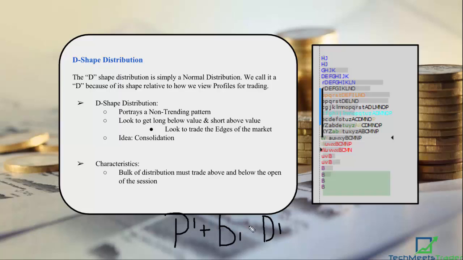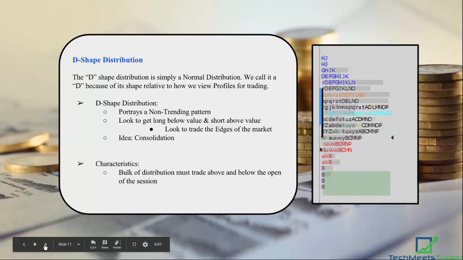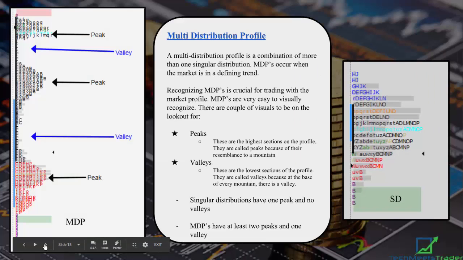A combination of all three of these profiles inside of one will breed more than one distribution, and these are called multi-distribution profiles, or MDPs. A multi-distribution profile is a combination of more than one singular distribution. MDPs occur when the market is in a very defining trend. Recognizing MDPs is crucial for trading with the market profile. MDPs are very easy to visually recognize as well.